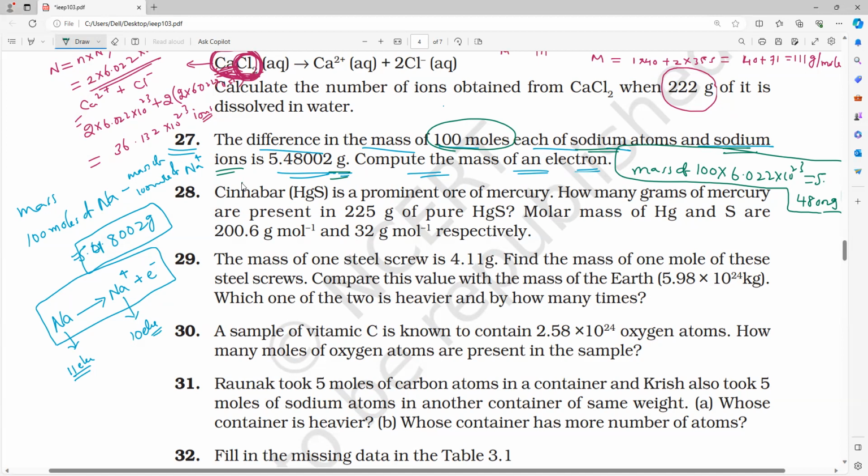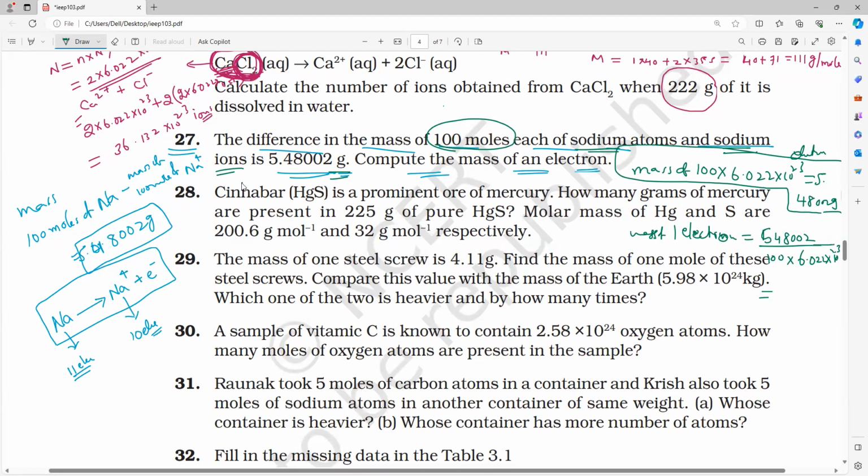Now they are asking the mass of 1 electron. You can easily divide it. So the mass of 1 electron is equal to 5.48002 divided by, bringing this to this side, 100 into 6.022 into 10 power 23.